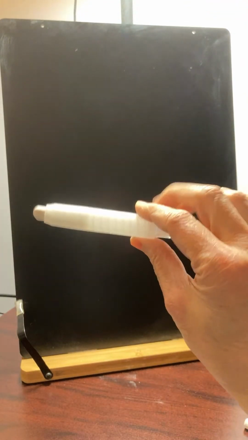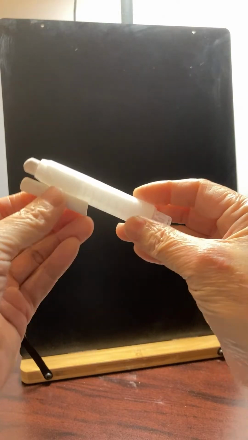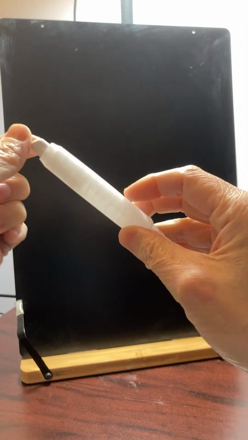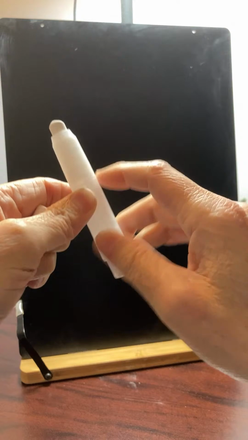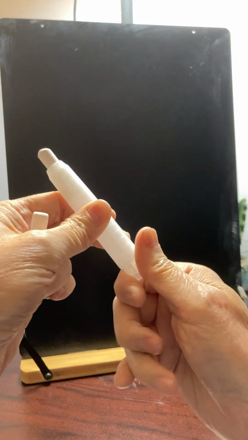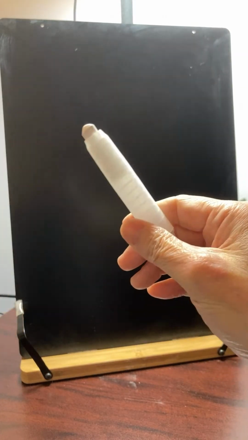Okay, so now I'm going to use this chalk, and this is nothing special. You just put the chalk inside of this holder, and then you can twist and push it out, and twist back.